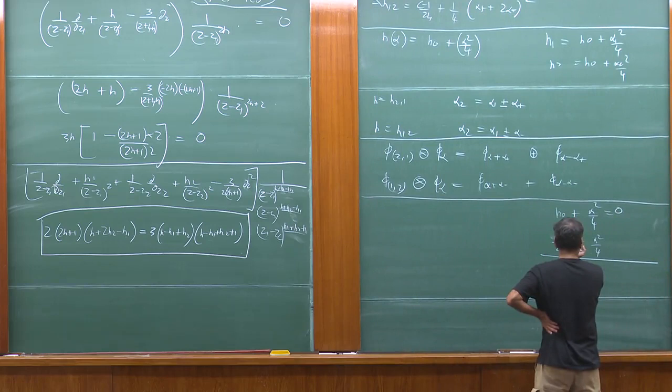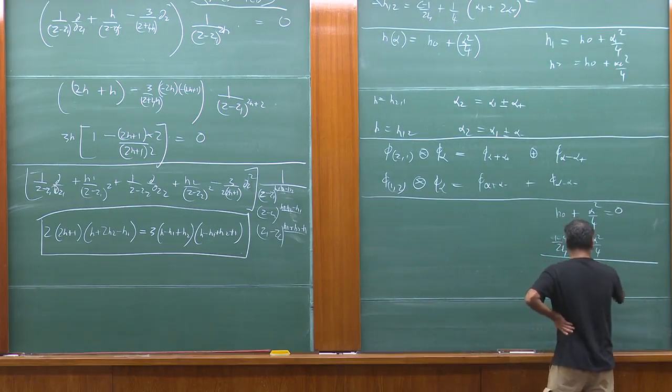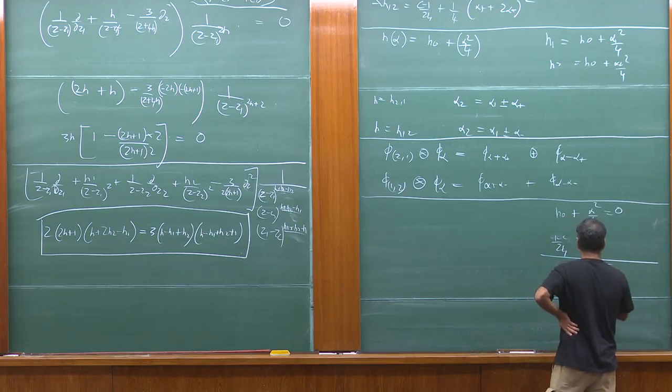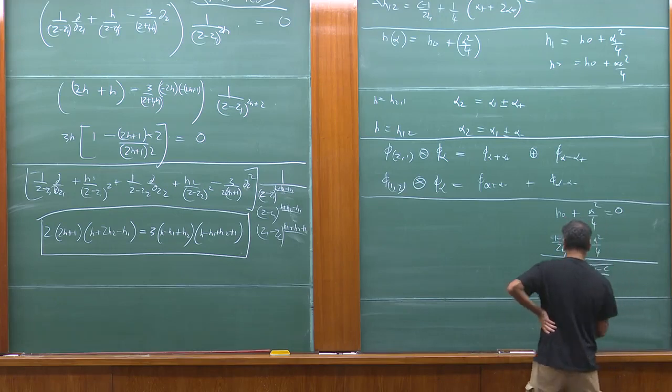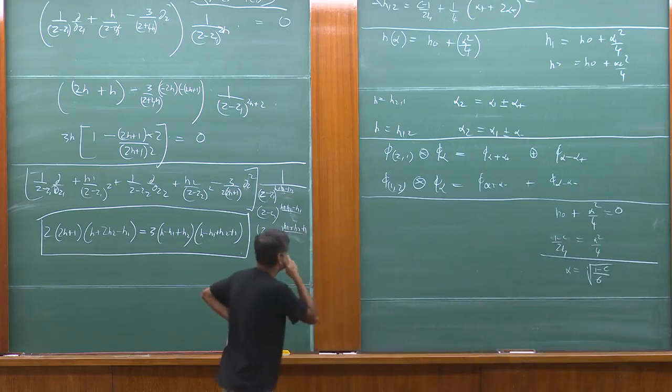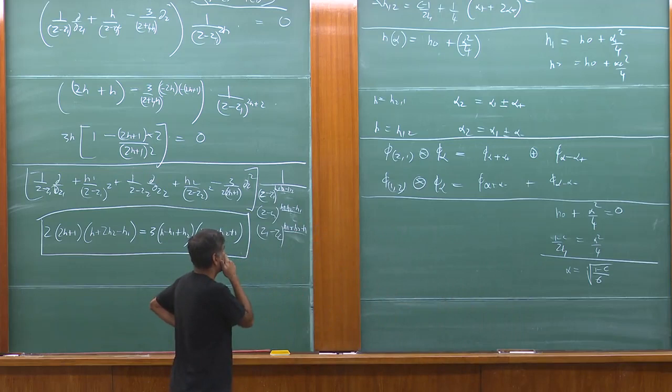And in that case, we get alpha is equal to square root of 1 minus c divided by 6. That's the same as r equals 1, s equals 1.